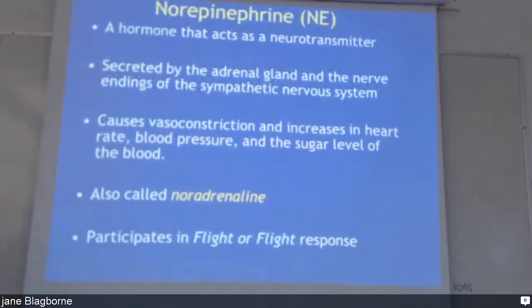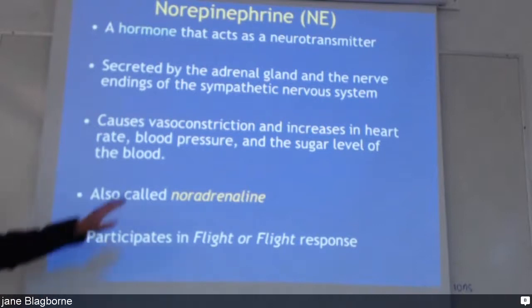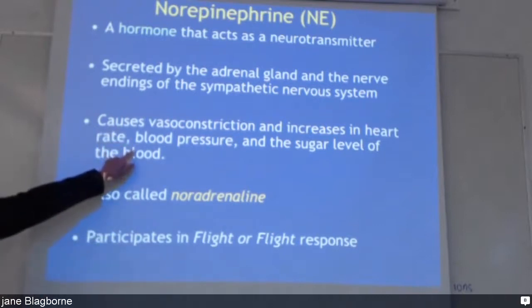Norepinephrine is a hormone. It acts as a neurotransmitter, and it is located in the adrenal gland. It causes vasoconstriction and increases the heart rate. Now, the other time you'll see this is when people have asthma.